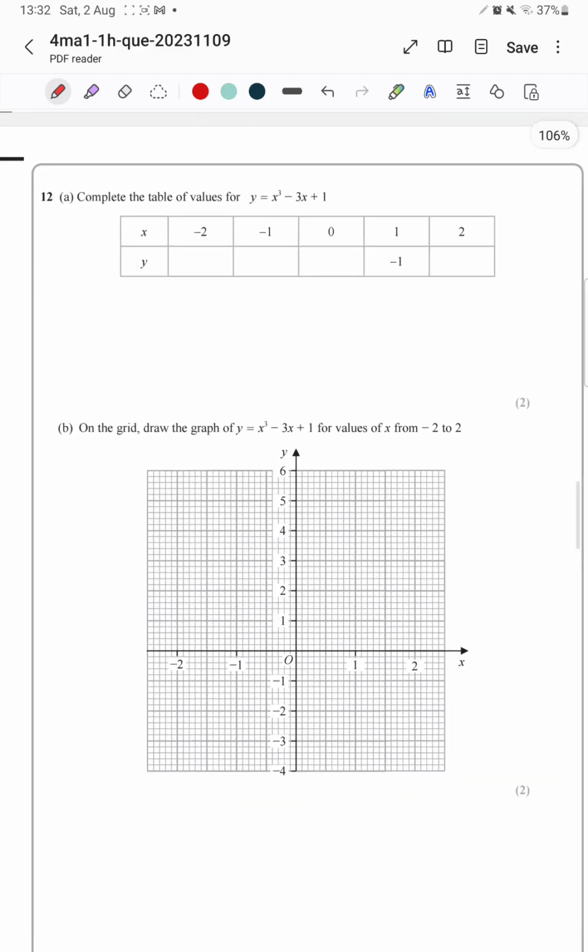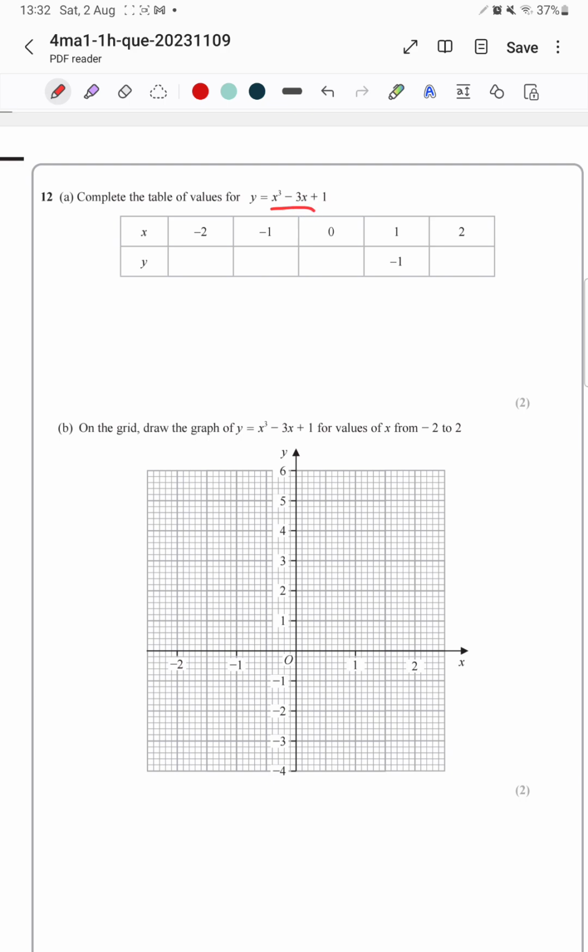Next question. Complete the table of values for y is equal to x cubed minus 3x plus 1. This is question number 12a. In this question, what we basically need to do is find the values of y corresponding to the different x.